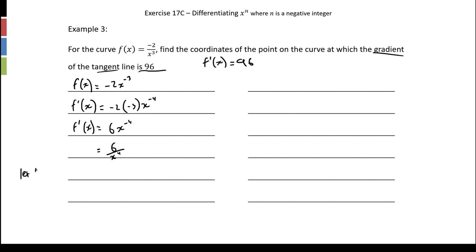So we let f dash of x equal 96, it follows that 96 is equal to 6 on x to the 4, so we get 96x to the 4 equals 6, so x to the 4 is equal to 6 on 96, and I'm going to need a calculator.